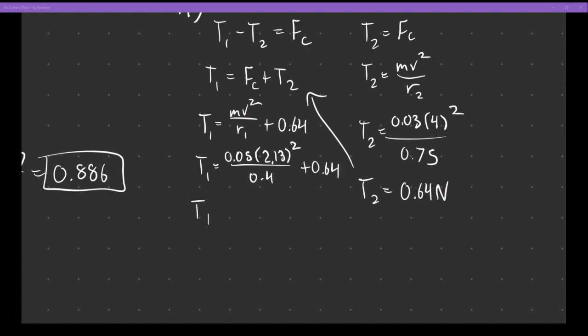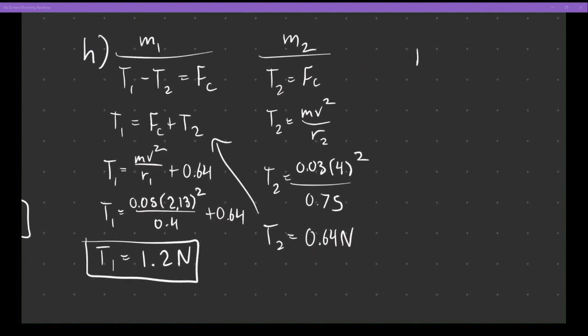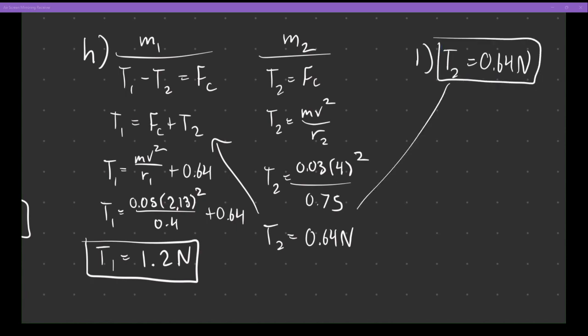If you do this out and you add it together, you should get T1 is equal to 1.2 newtons. And then for I, well, T2 is 0.64 newtons, as I found down here.